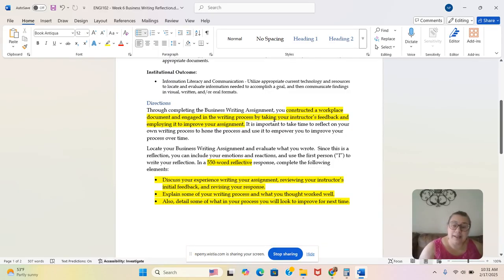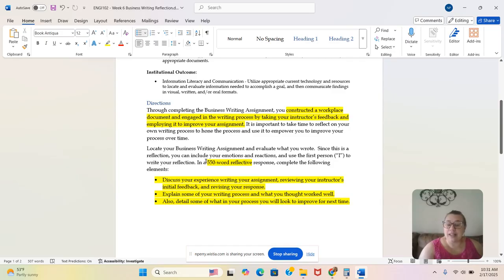The reason why is because your reflection is asking you to think about the entire writing process, not just the pre-write and the first draft, but your revision and your second draft as well. So if you don't wait until you do that, you're not really engaging in the reflection the way that it's intended for you to.